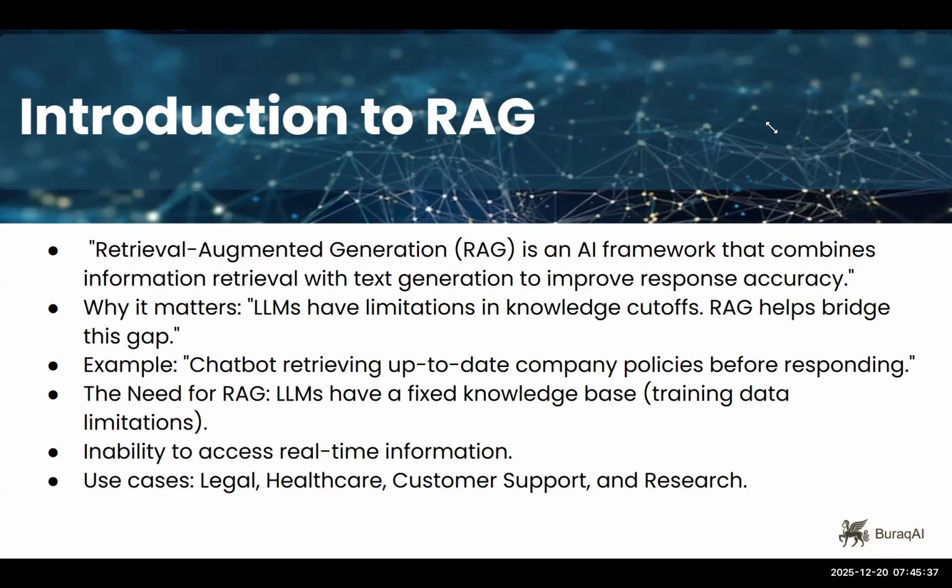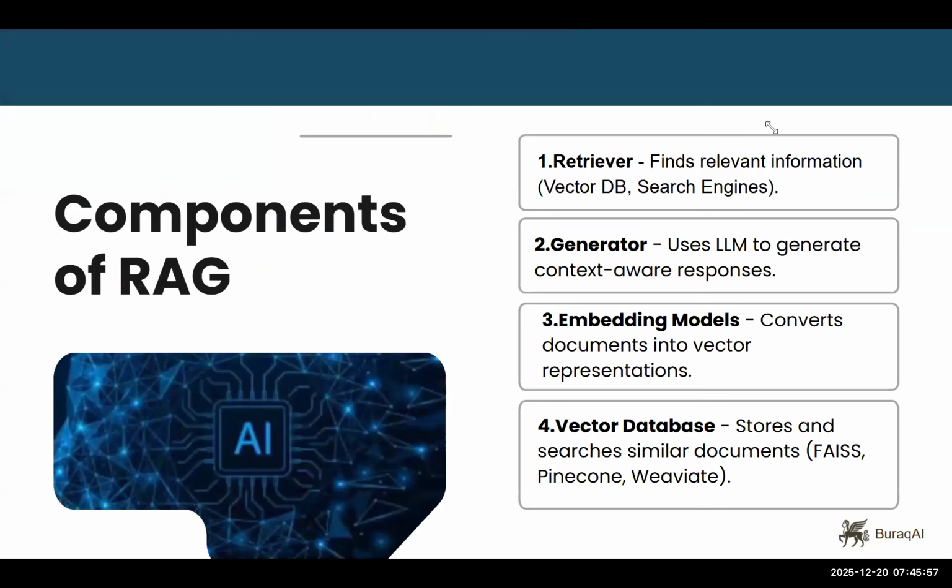LLMs also have a fixed knowledge base based only on the training data, and an inability to access real-time information. So what are the use cases? As I said, customer support, research, legal, healthcare, any organization that wants to build a chatbot that can answer from its internal information, whatever information they provide.